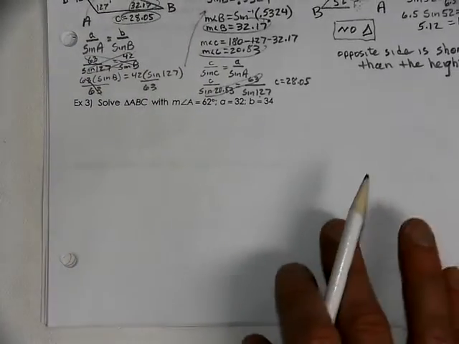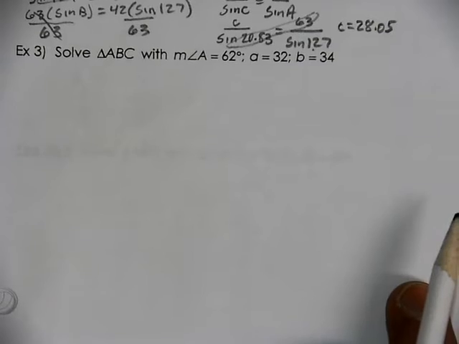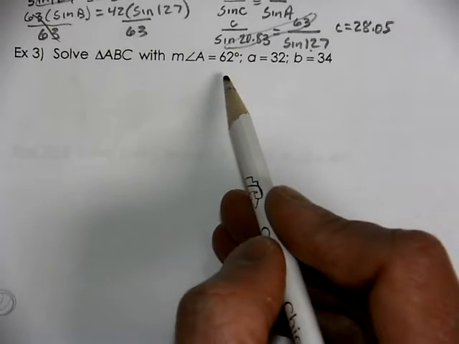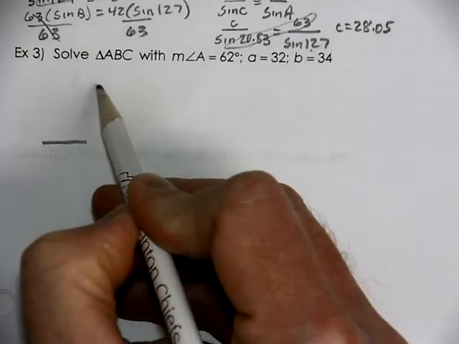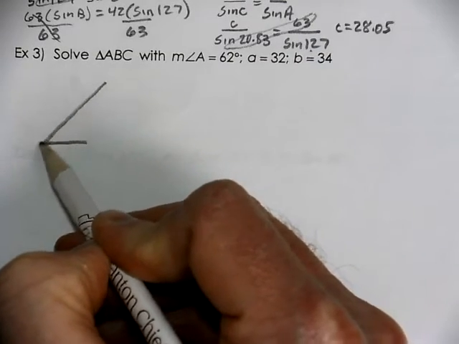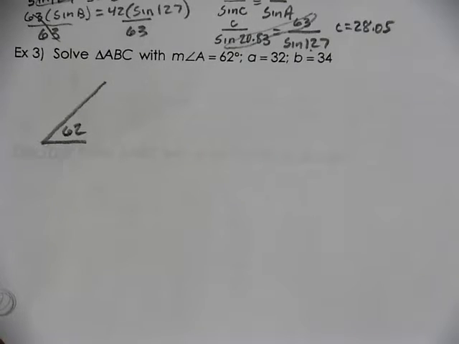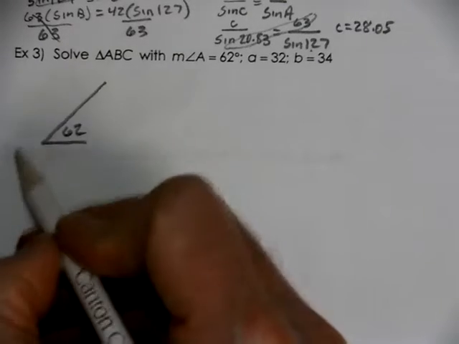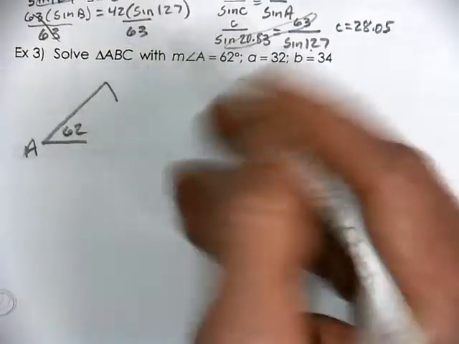Now we'll come down here to this one. This is going to be the tough one. Here we have a 62-degree angle. That's angle A. Side A is 32.